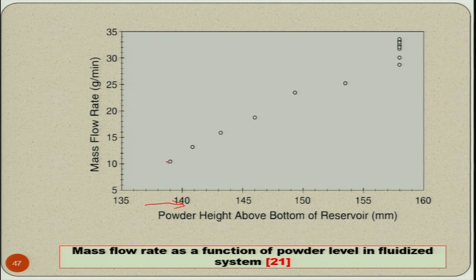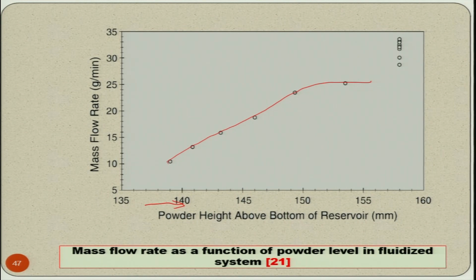Although it is not a straight line, if you see it here, it is slightly changing beyond 150 millimeter as the height of the abrasive powder bank in the reservoir. So, to have a constant mass flow rate, definitely you have to maintain the height at a constant level.